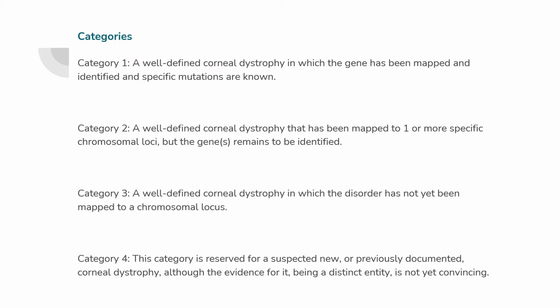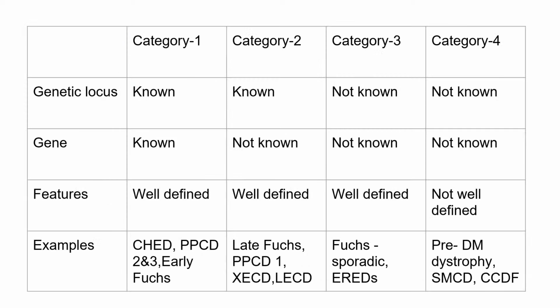Category 3, it is a well-defined corneal dystrophy in which the disorder has not been mapped to any chromosomal locus. We know neither the gene nor the gene loci, but the features are well-defined. Category 4, this category is reserved for a suspected new or previously documented corneal dystrophy, although the evidence for it being a distinct entity is not yet convincing. The features are not well-defined, and the gene and gene loci are also not known.